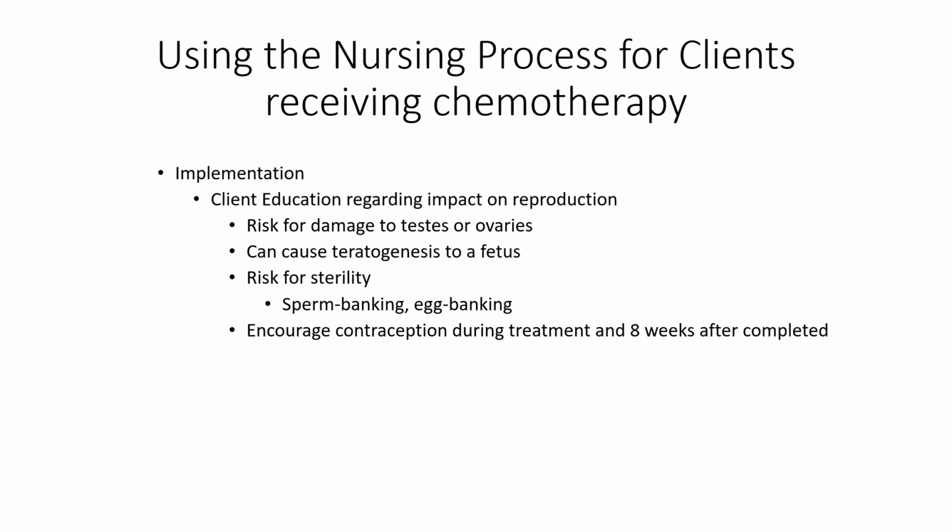Do they want to bank their sperm? Do they want to bank their eggs? Because it's not recommended that you conceive a child after having chemotherapy due to potential birth defects. Encourage contraception during the treatment, and also teach the patient up to 8 weeks after their treatment is completed.